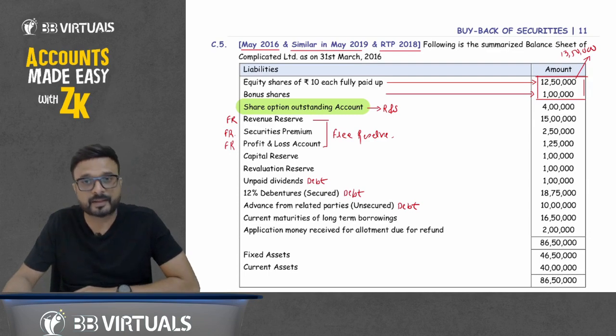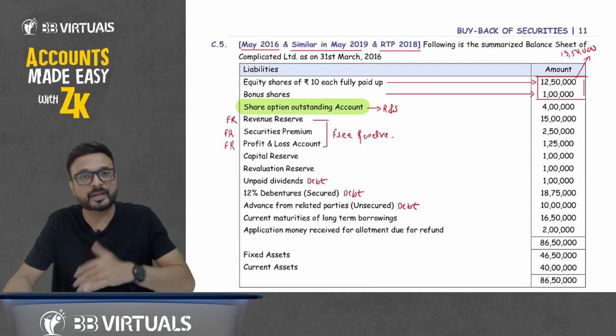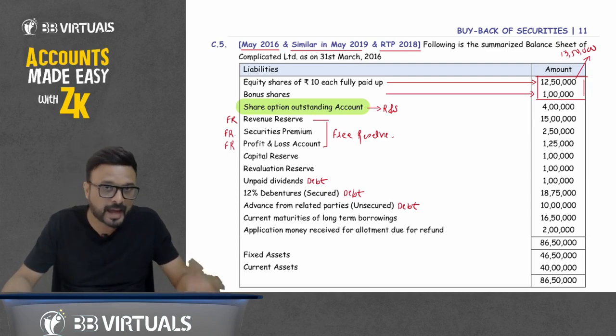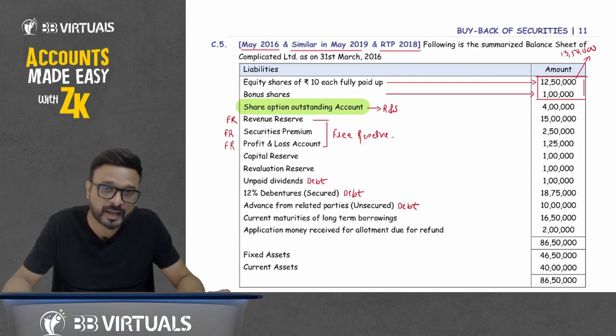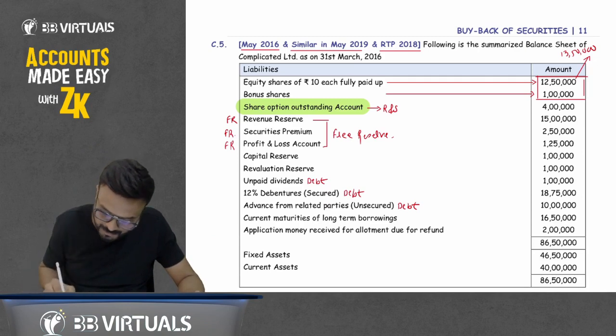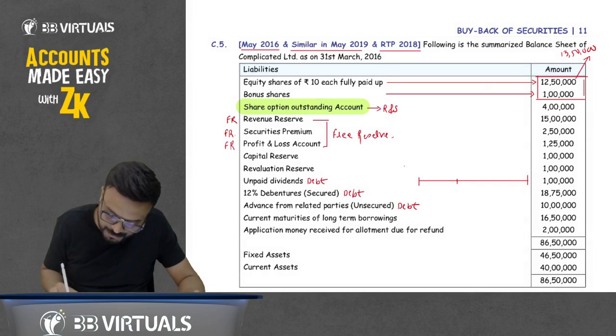What do you mean by current maturity of long-term borrowing? Suppose you have taken a loan of rupees 10 lakh, and from the date of balance sheet, 1 lakh is payable within a year and the remaining 9 lakh is payable after 1 year. Suppose the balance sheet date is 31st of March 23.